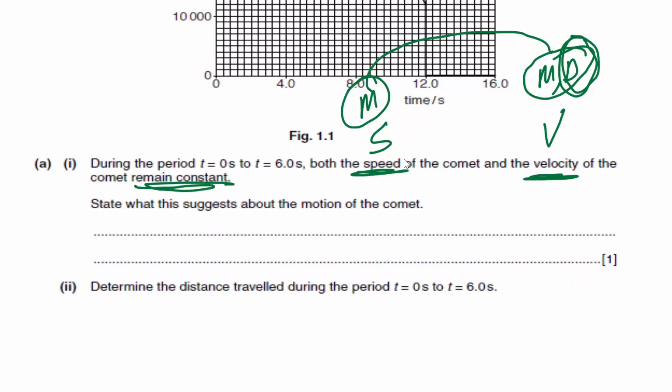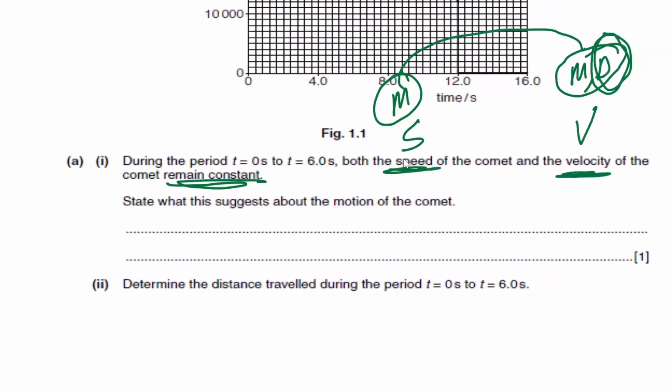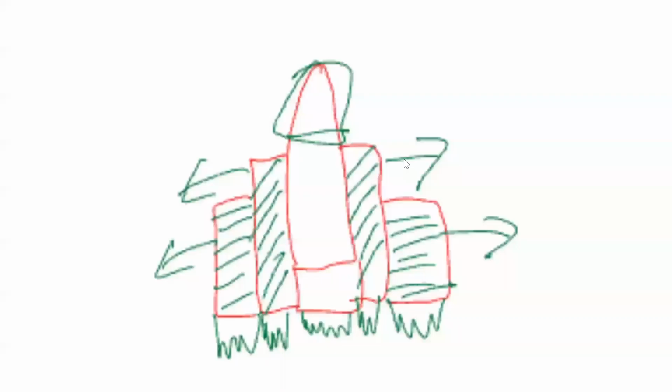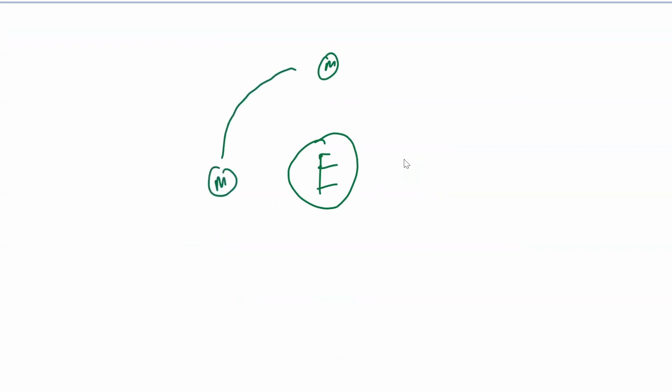In what scenario will the speed and velocity not be the same then? For example, let's say this is Earth and this is the moon. The moon rotates around the Earth, right? There is the moon, and this is the moon also, and this is the moon also.